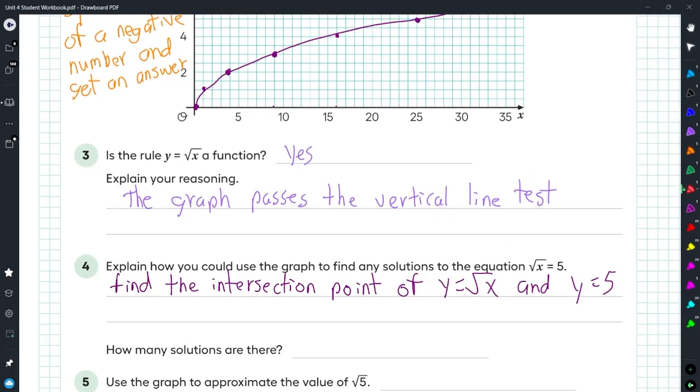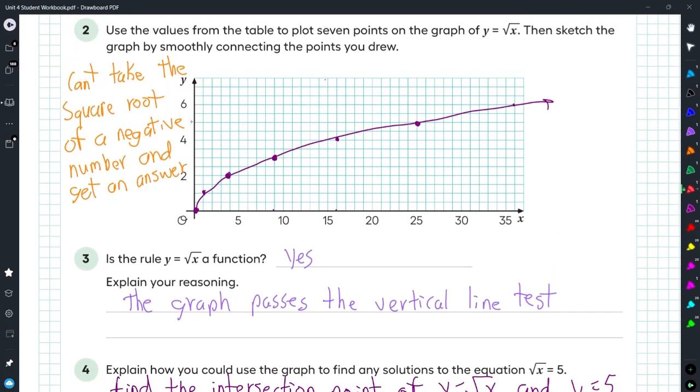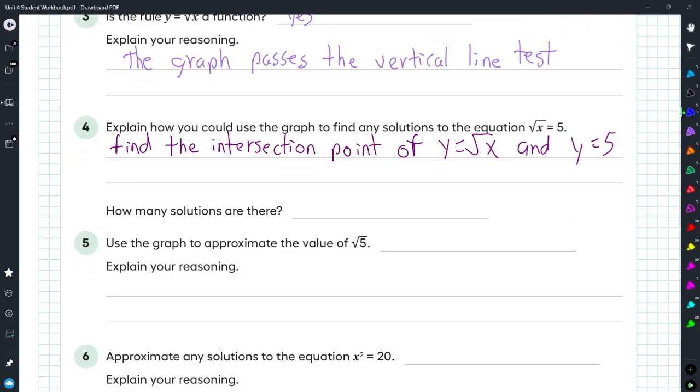So up here, here would be y equals 5. If we draw this, this line here is y equals 5. The other line here, this is the square root of x. So where they intersect, that would be the solution. So they intersect at 25. So there's one solution, and that would be at x equals 25.